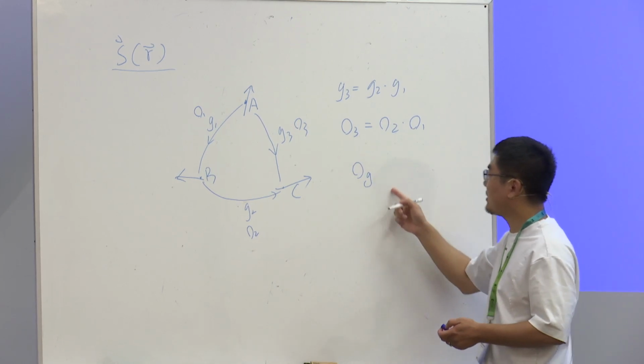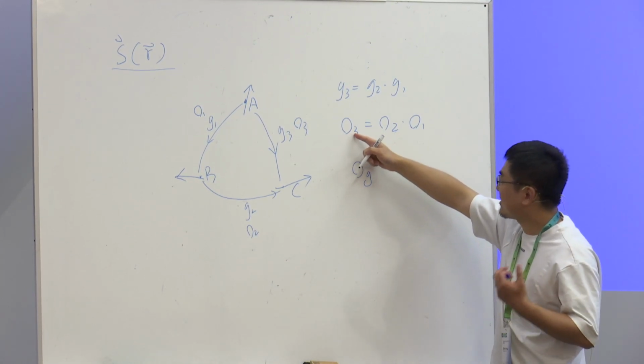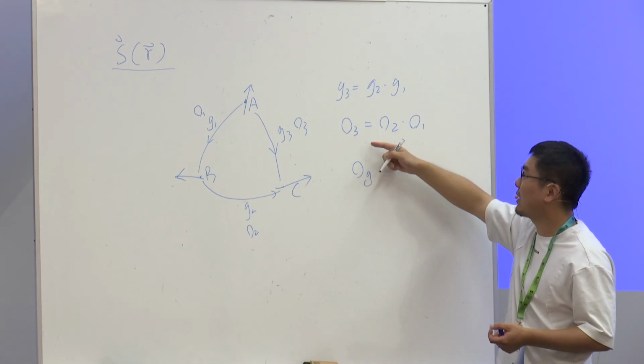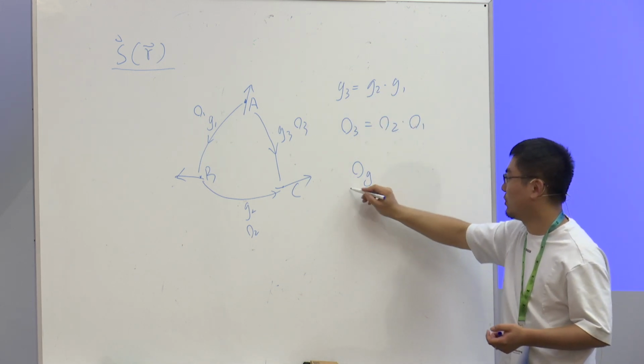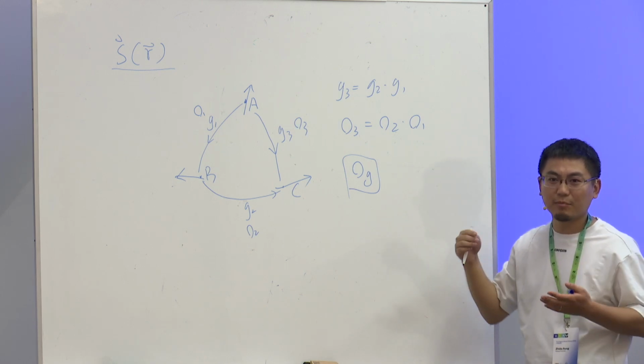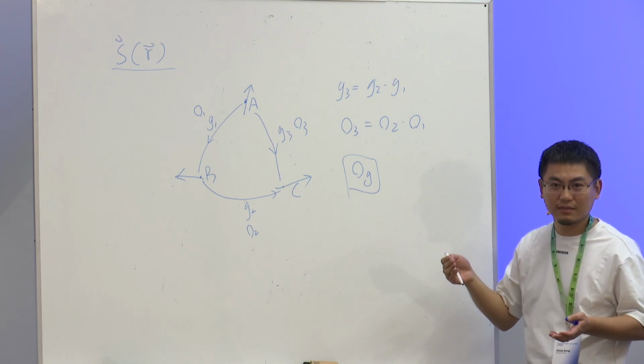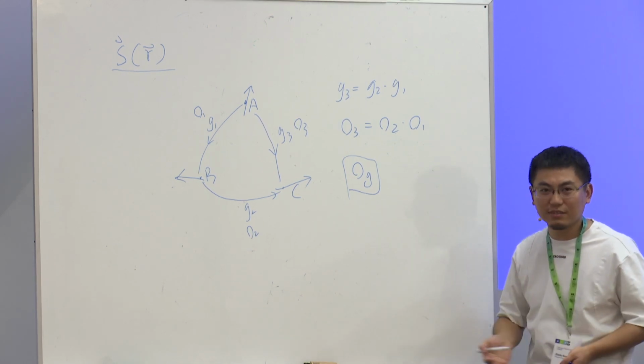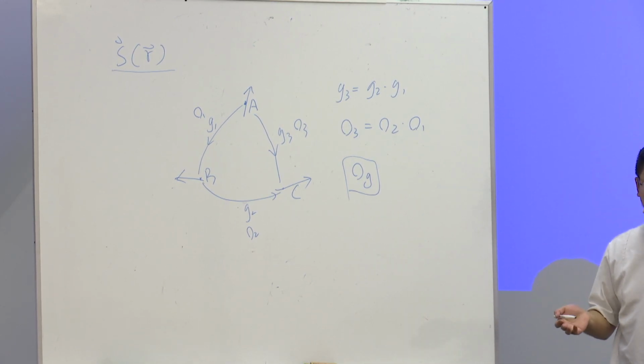And this OG satisfies the exact same multiplication table as the spatial operations. So what's this OG? It's just a three-dimensional representation of the group, right? So it's by definition a three-dimensional representation of the space group.